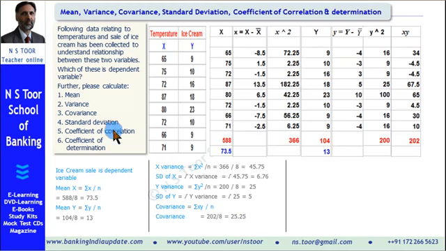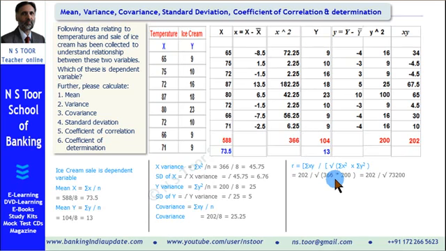Now we shall calculate coefficient of correlation. This is R. It represents coefficient of correlation. This is the formula to calculate it. Summation xy means 202 divided by square root of x square means this value multiplied by y square means this value. Let us place the values. Summation xy 202 divided by square root of x square summation 366, y square summation 200.